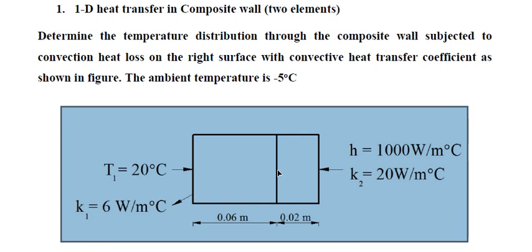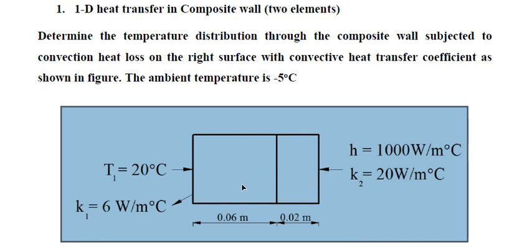We do so when there is a material change, a geometry change, a load change, or an obstruction inside the material itself. How can we say the material is changing? Because the K value, the conductivity, is different for the two elements, which means the material is different. Therefore we will consider two elements.